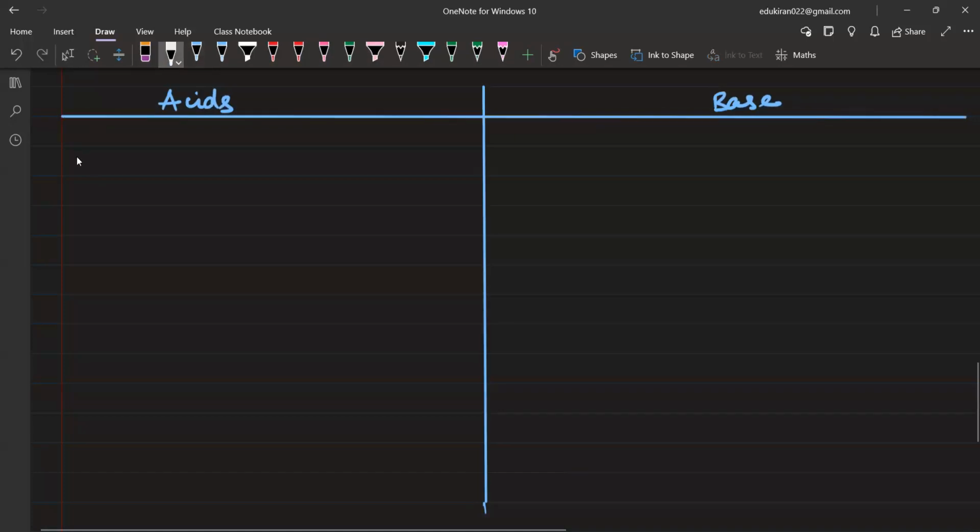Now in acids, please see, आपके पास होगा HA, it will dissociate into H positive and A negative. सही, एसिड में H positive निकलेगा and we will be getting A negative.